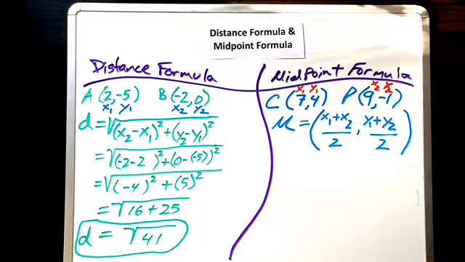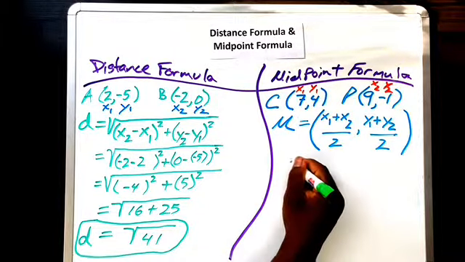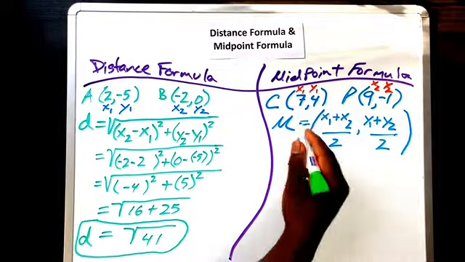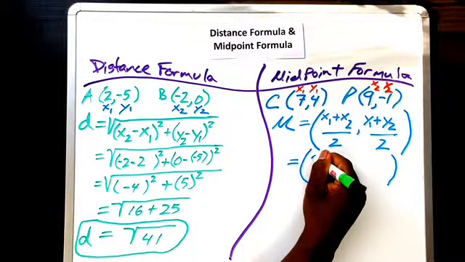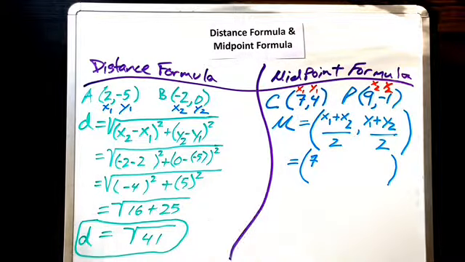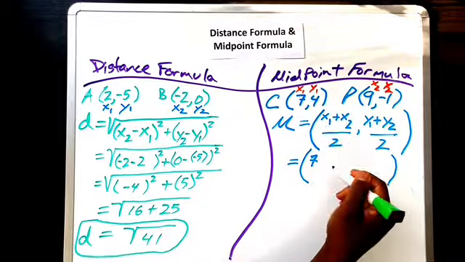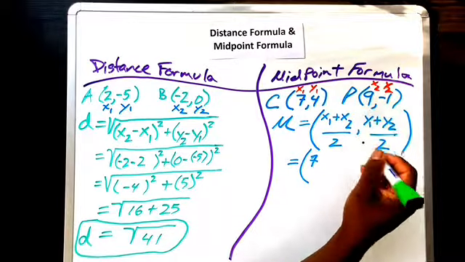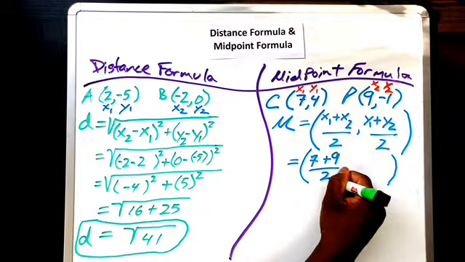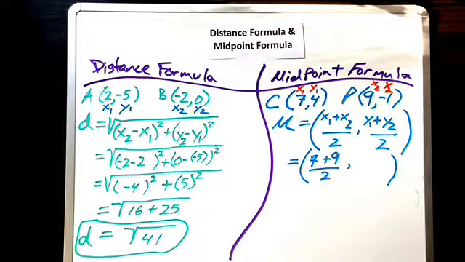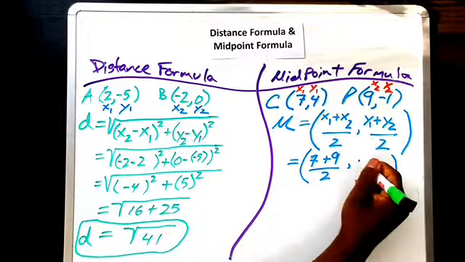So we're going to follow this formula over here. So then we're going to write equals the quantity of x sub 1, which is 7, plus x sub 2, which is 9, 7 plus 9 divided by 2, comma, and then y sub 1, which is 4.